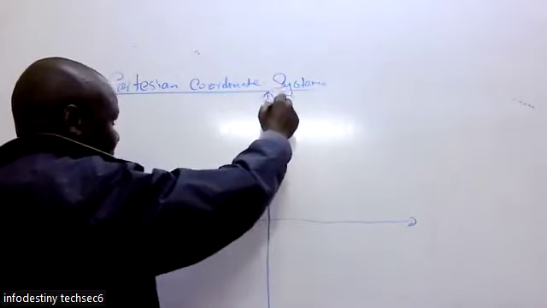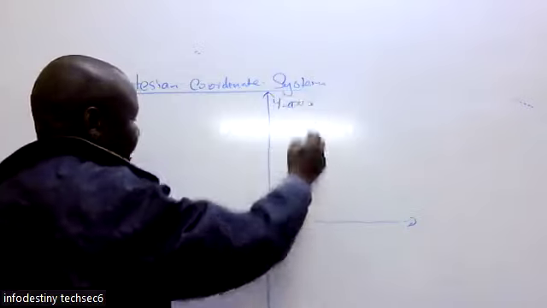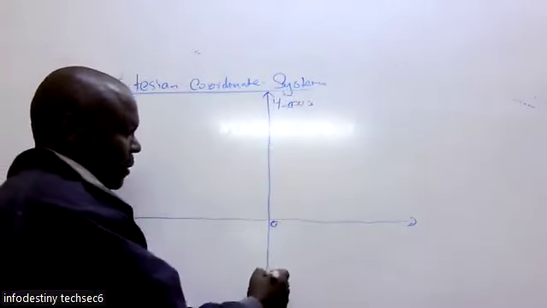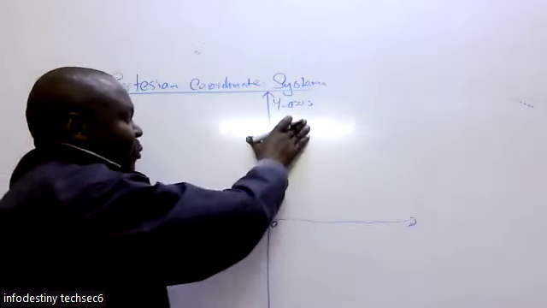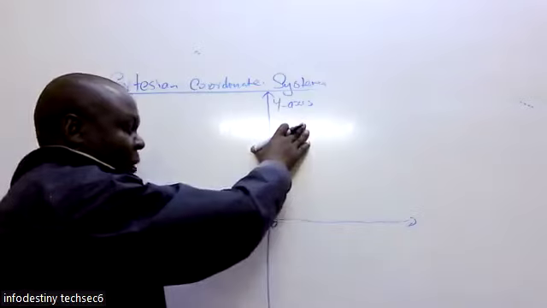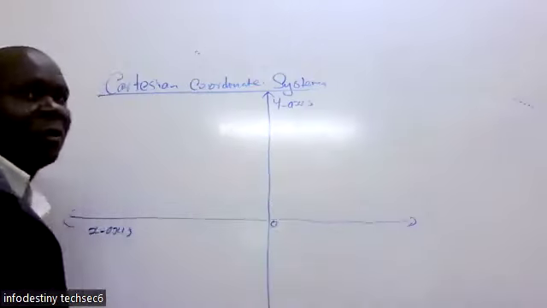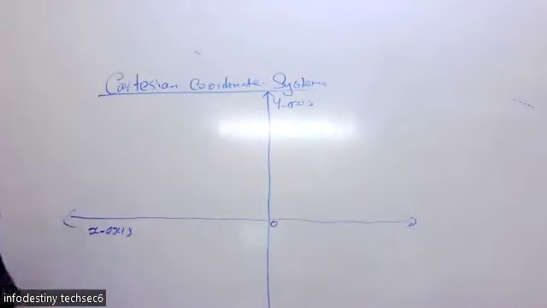This one is known as the y-axis. The point of intersection is going to be 0. This side and this side are going to show positive values. That is known as a quadrant.